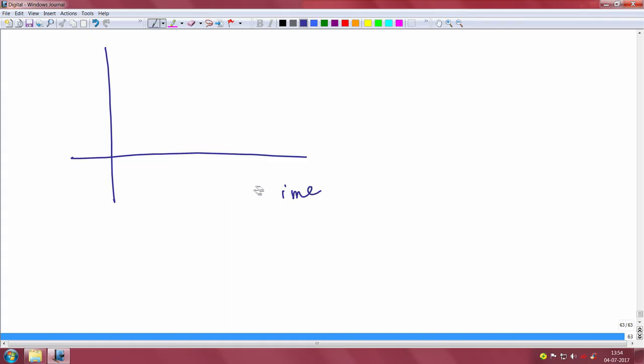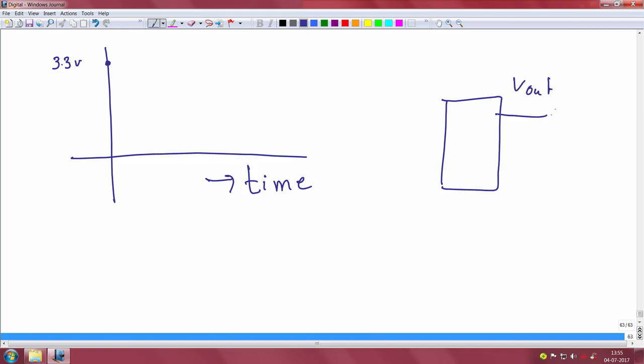Now the output of whatever power conditioning system you have done fixes the voltage to this point, and let us say that this is some 3.3 volt output point. Now as the output load, this is V out.